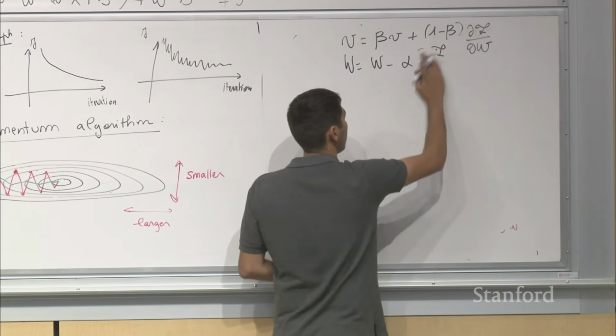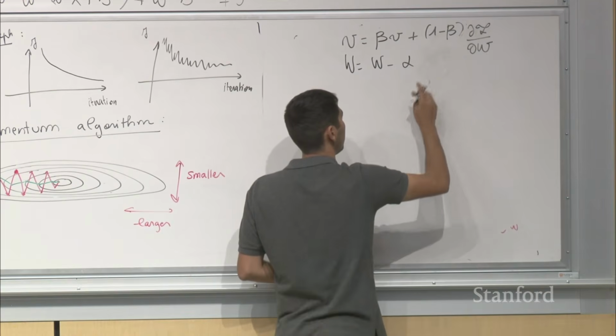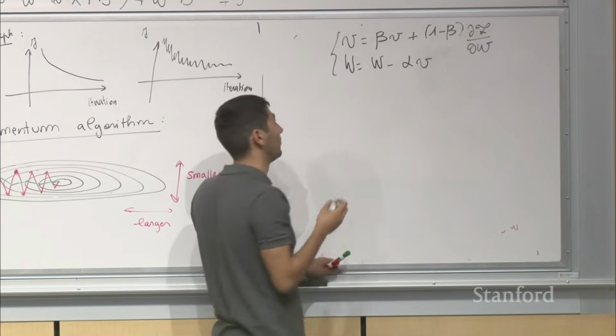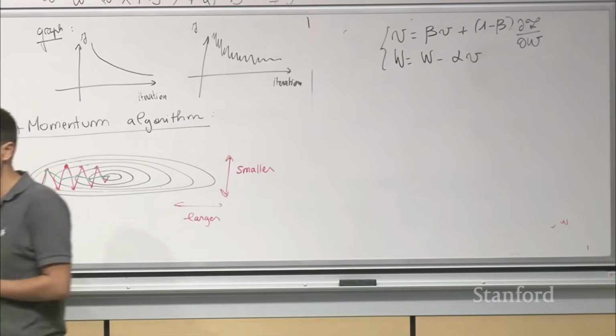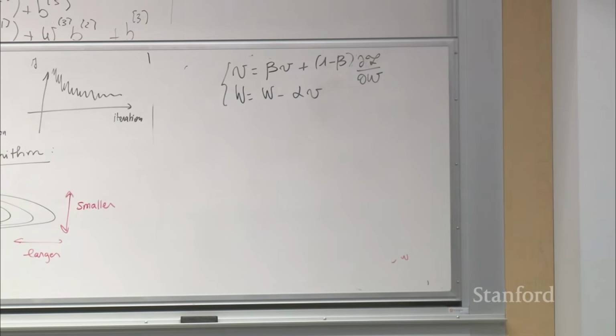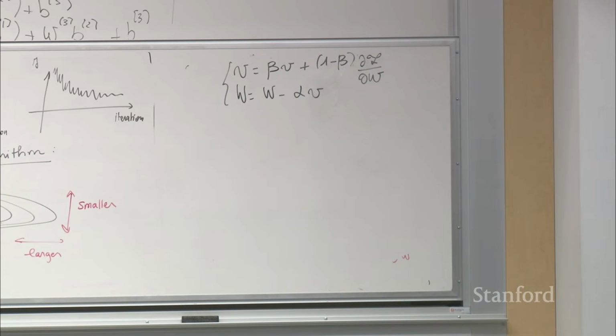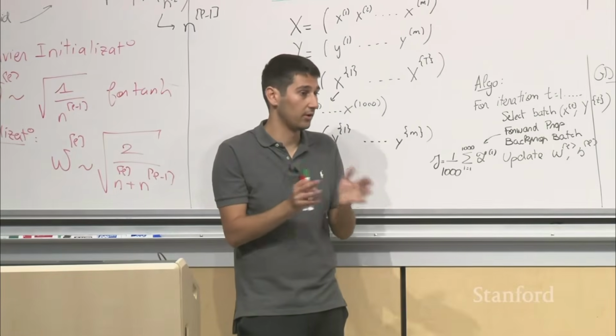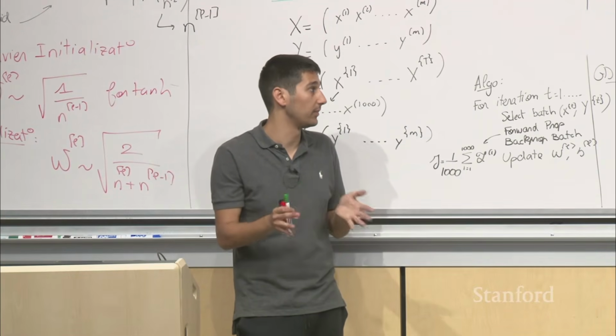So we're going to use that. And instead of the update being the derivative directly, we're going to update the velocity. So the velocity is going to be a variable that tracks the direction that we should take regarding the current update and also the past updates, with a factor beta that is going to be the weight.